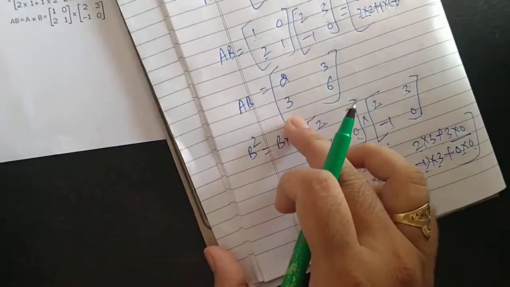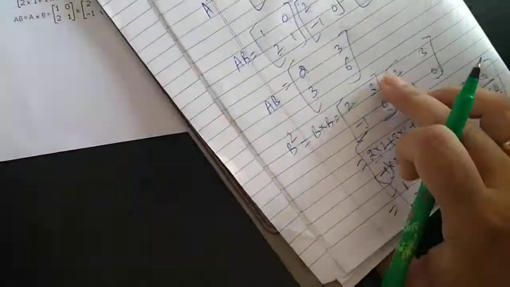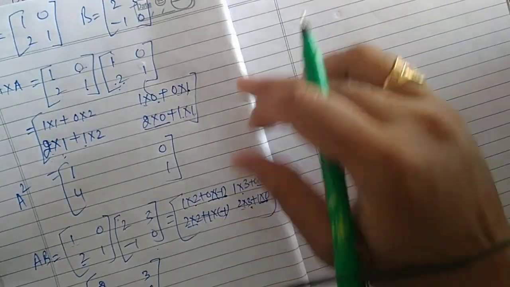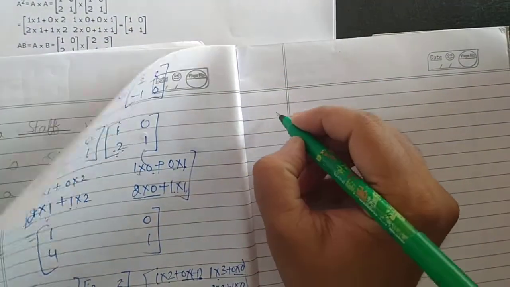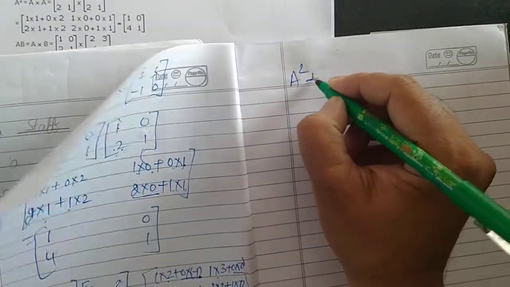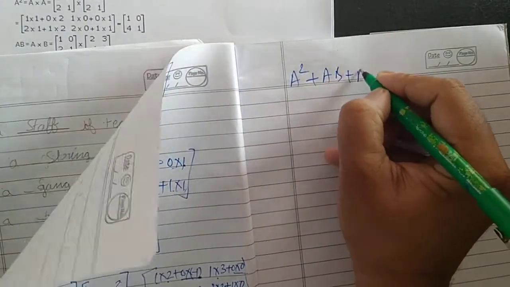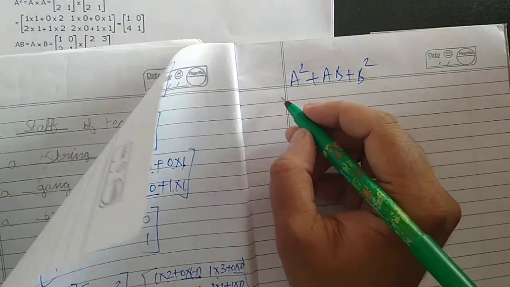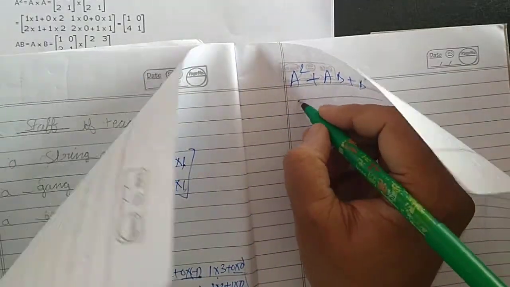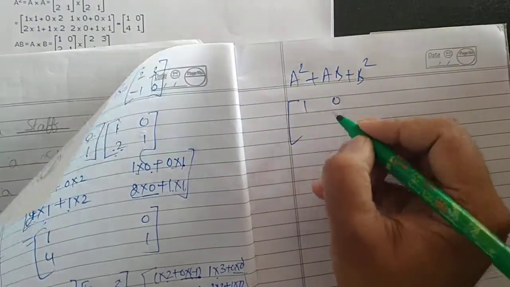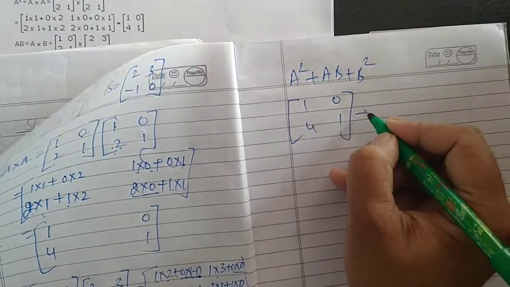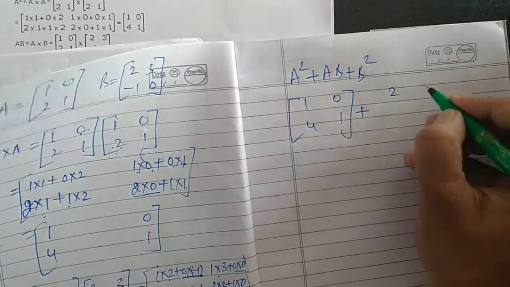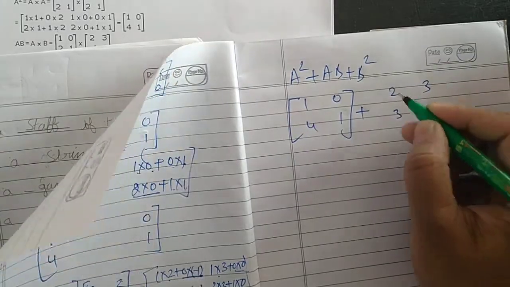Then we have to find A square plus AB plus B square. A square we have already found: 1 0 4 1, plus AB is 2 3 3 6.